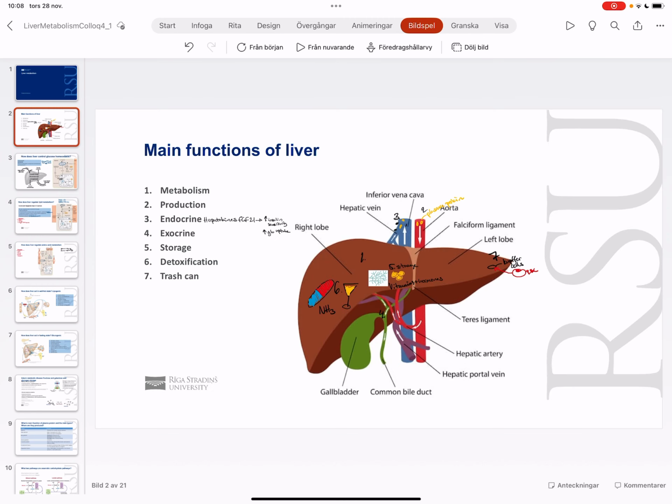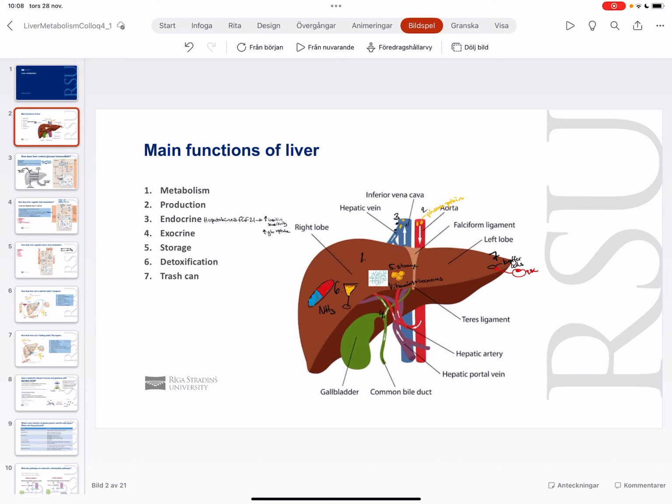So first and foremost, the main functions of the liver. First of all, is metabolism of carbohydrates, proteins, and lipids. The second thing is that the liver produces plasma proteins, and we will talk a lot about plasma proteins in this lecture.